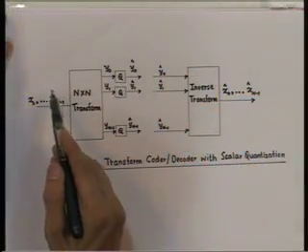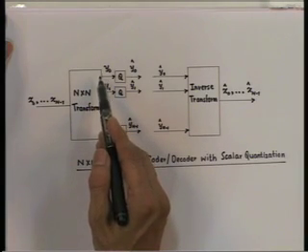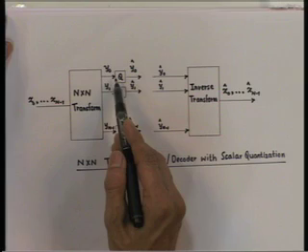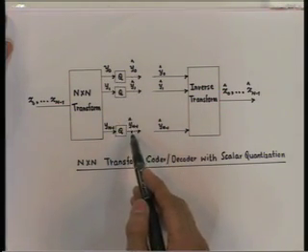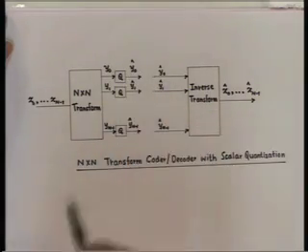So, in transform coding, blocks of n input samples are transformed to n transform coefficients, which are then quantized individually, and they are either transmitted or stored.